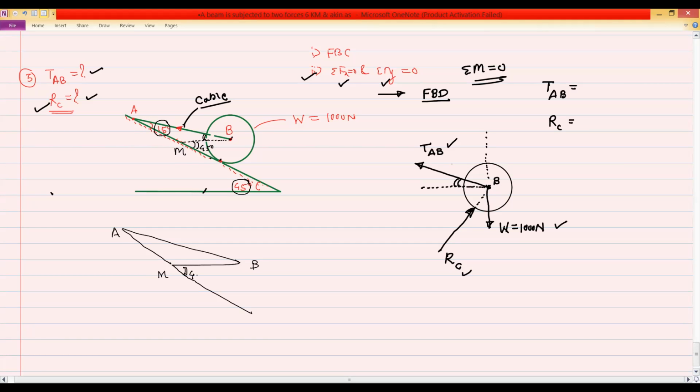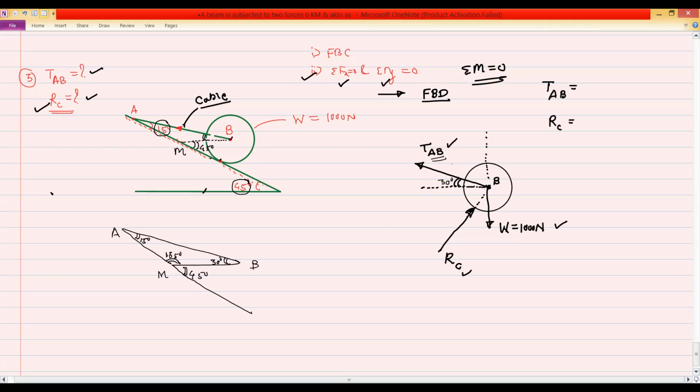This angle is 45 degrees, this angle is 15 degrees, so we can find this angle, which will be 135 degrees. This is 15 degrees, so the remaining angle will be 30 degrees. That means the angle of tension AB with respect to the x-axis is equal to 30 degrees.